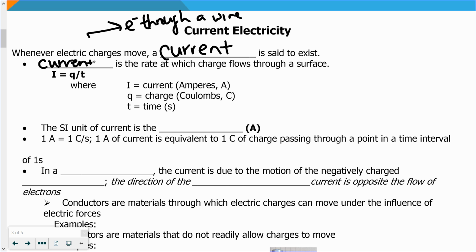So this is a rate because it's charge per unit time, per second. It's the rate at which charge flows across the surface.